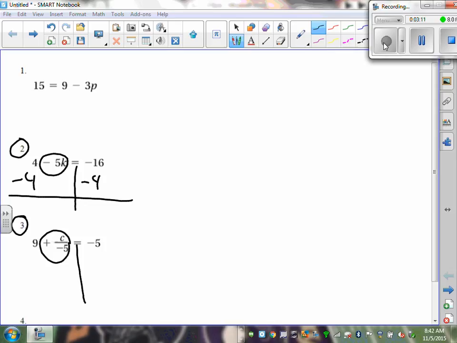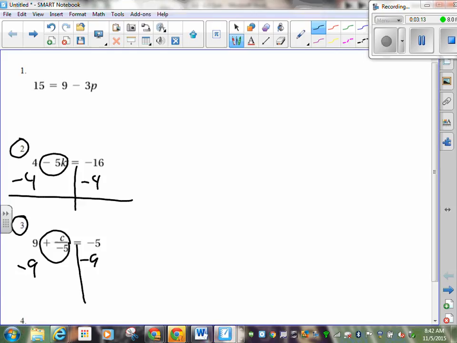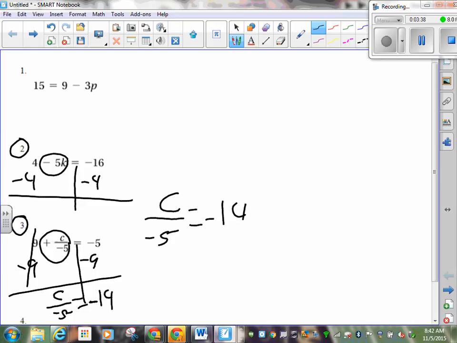That's a positive 9, so I put minus 9 to both sides. When I do that, those cancel, and I get C over negative 5 equals negative 5 minus 9 is negative 14. Again, I'm just going to rewrite it here. We have C over negative 5 equals negative 14.